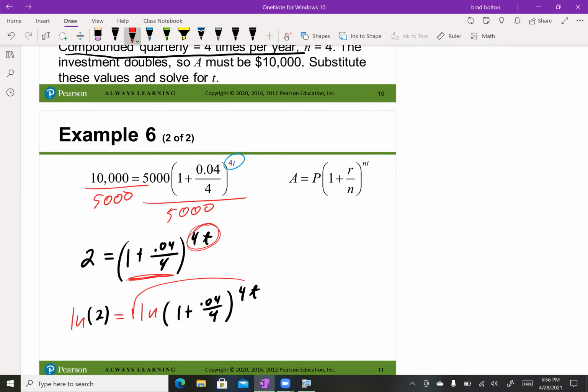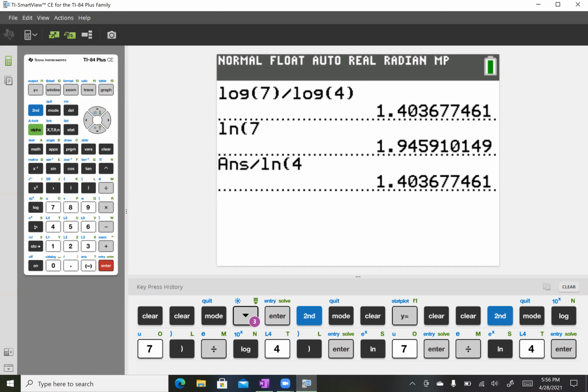Now I can move the 4t to the front because now I'm working with a logarithm, okay? So we're going to have the natural log of 2 equals 4t natural log of 1 plus 0.04 divided by 4, okay?